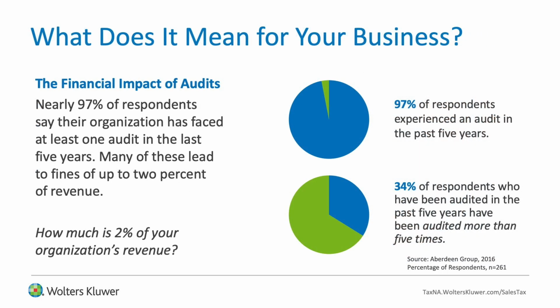In a 2016 Aberdeen Group study on the financial impact of audits, 97% of respondents say their organization has faced at least one audit in the last 5 years. The fines are up to 2% of their organization's revenue. That's fines. That's above and beyond what the tax was.